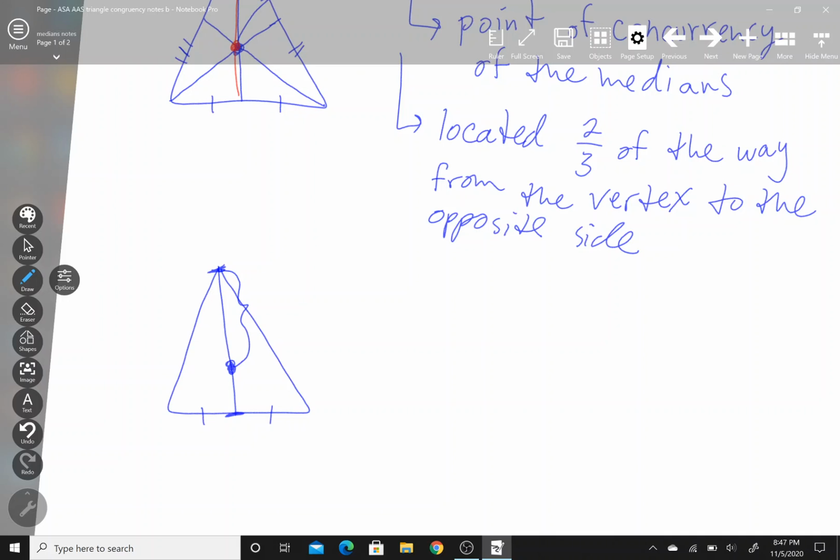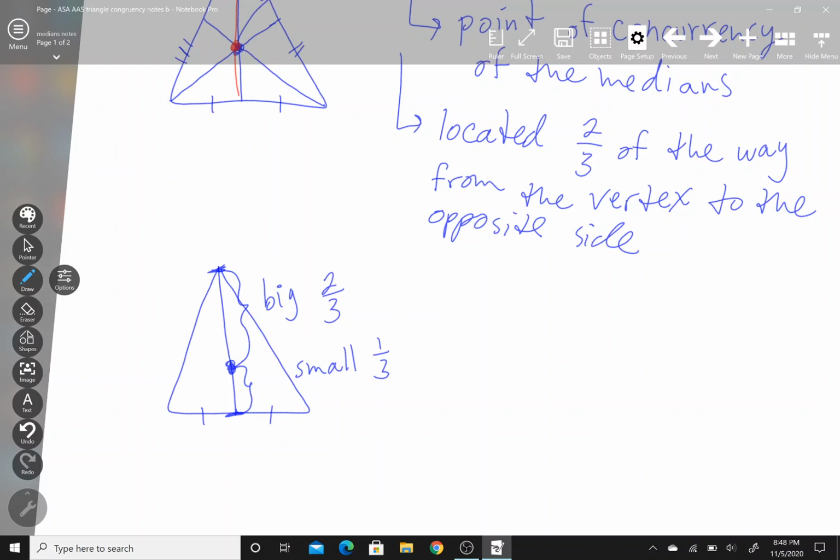Your median is split into two pieces. There's the big piece, and that's 2/3 of the whole thing. And then you have the small piece, which is only 1/3 of the entire thing, because the whole thing is 3/3. And so the big one is 2 of them, and the small part is 1 of them.